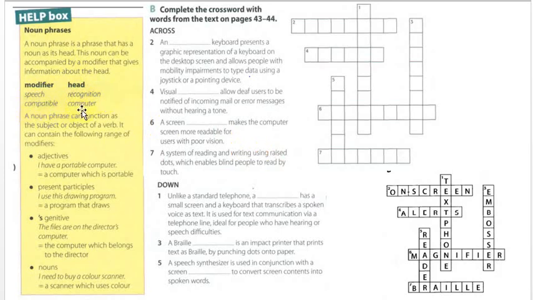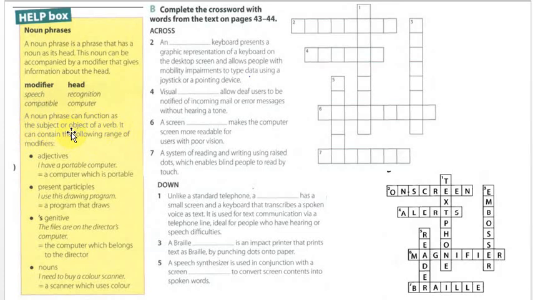Compatible computer. What kind of computer? Compatible computer. Compatible modifies the noun. For example, beautiful garden. Garden is the head, and beautiful is a modifier. That's called an adjective. A noun phrase can function as the subject or object of a verb.